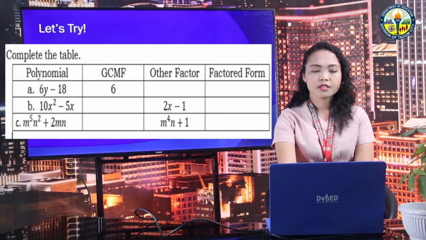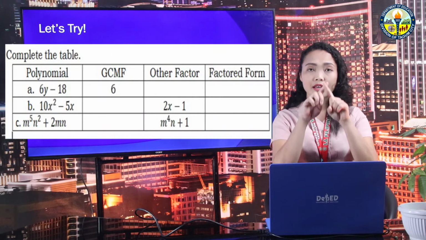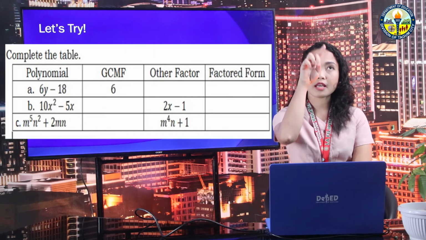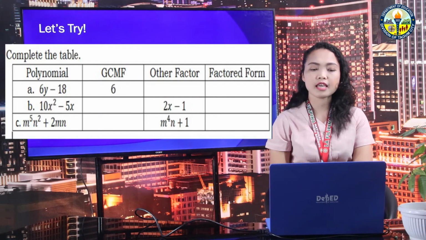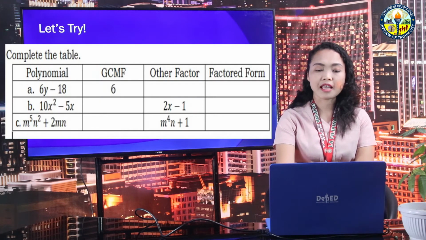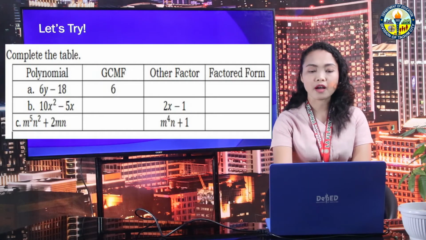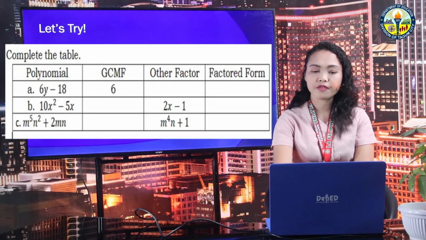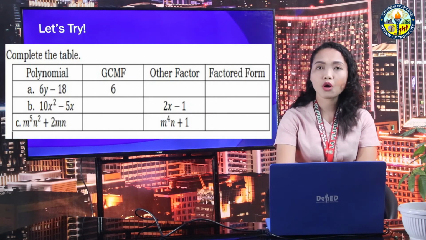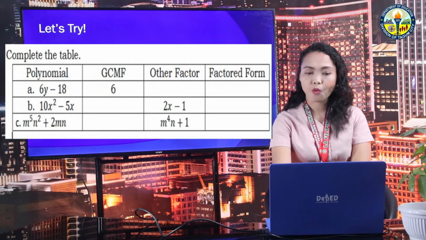So what you're going to do is you make a table, and put the polynomial on top, and then GCMF, which stands for the greatest common factor, and then on the other column is the other factor, and another column for factored form.